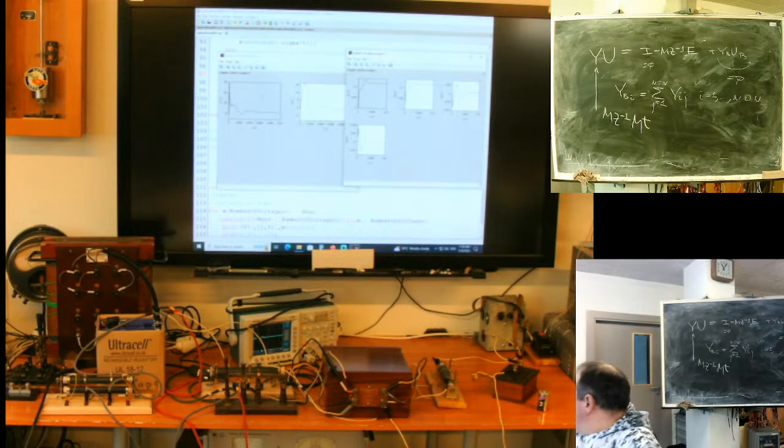Here are the calculated voltages and calculated current. But who can trust this chart? How can we trust something like this? Somebody pushed a button and somebody got something.